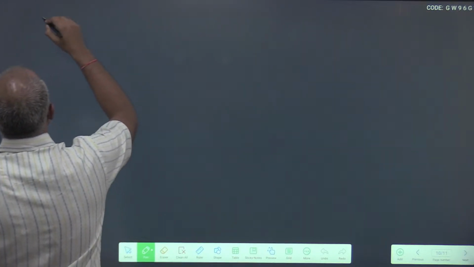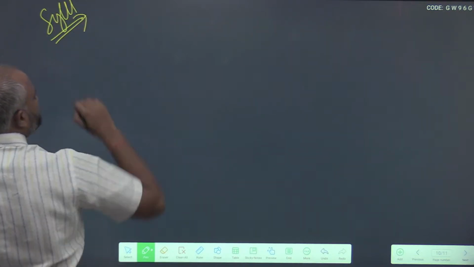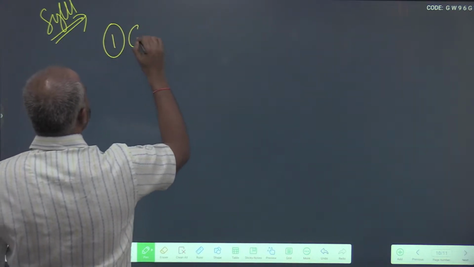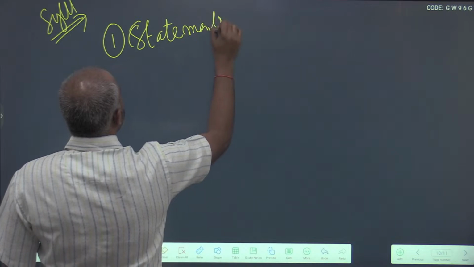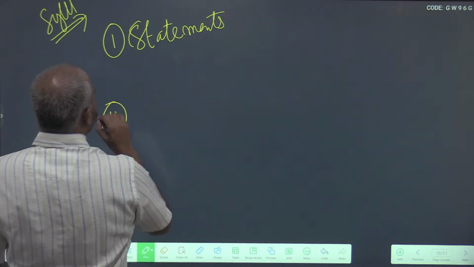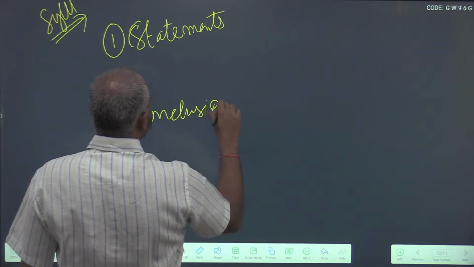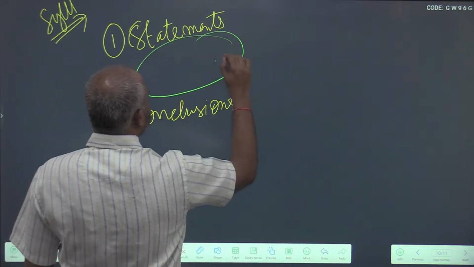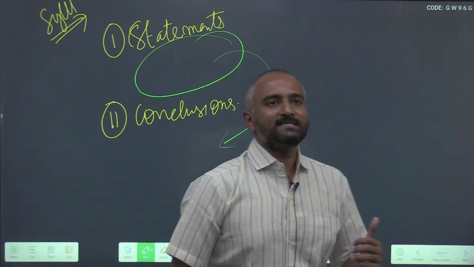Now every syllogism problem has two parts. One is the statements, and two is the conclusions. Based on the statements, you need to say whether the conclusion stands or not.